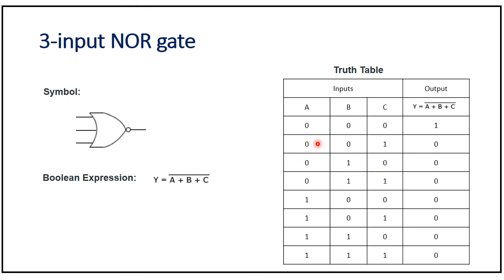If we take the second condition, 0, 0, 1, here 0 plus 0 is 0, and 0 plus 1 is 1, and the complement of 1 is 0, so it will be 0. So in the case of a 3 input NOR gate, the output is 1 only when all inputs are 0. If any one input is 1, then your output will be 0.